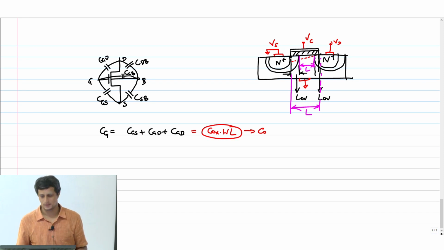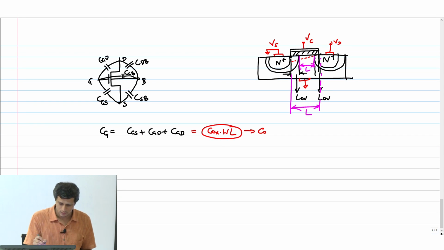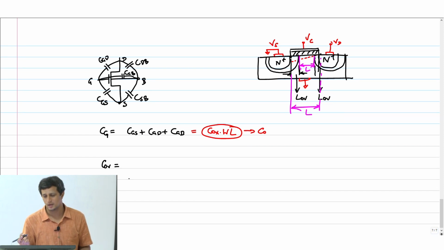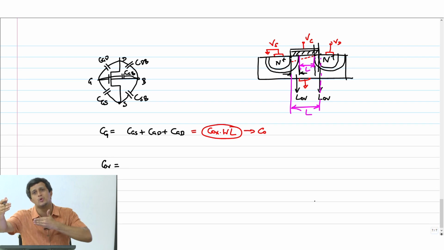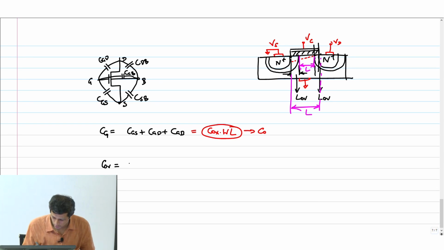So what is my overlap capacitance? C overlap is just like a parallel plate capacitor again, it's this part of the gate. How much capacitance is that going to form? The area is L overlap into W. So this overlap will be C aux into W into L overlap.